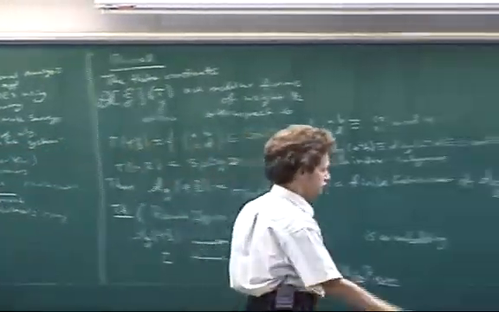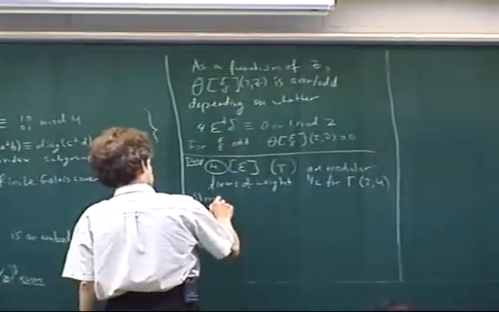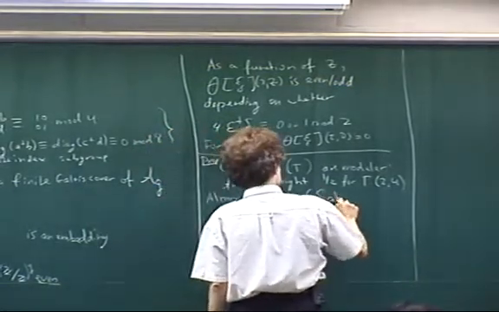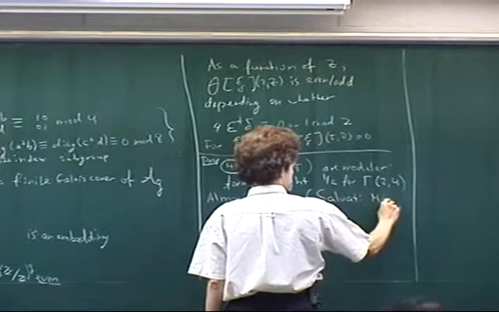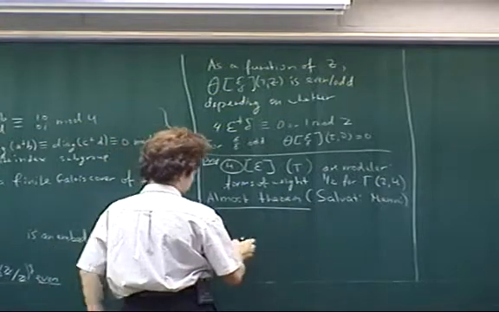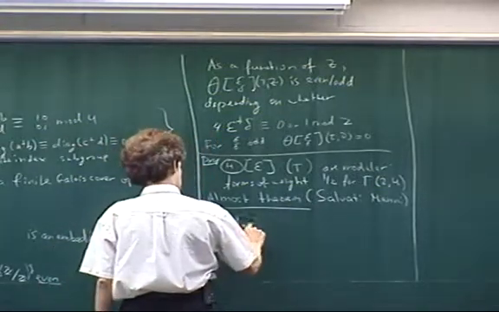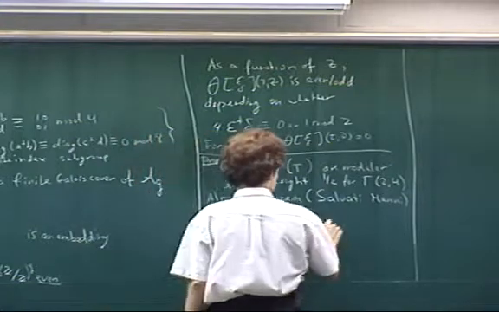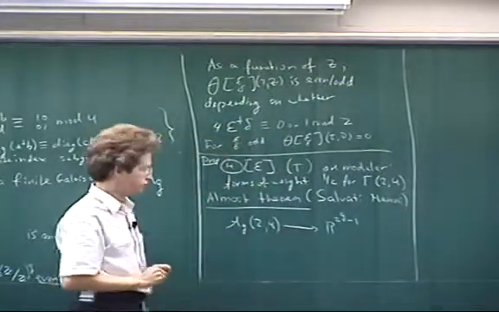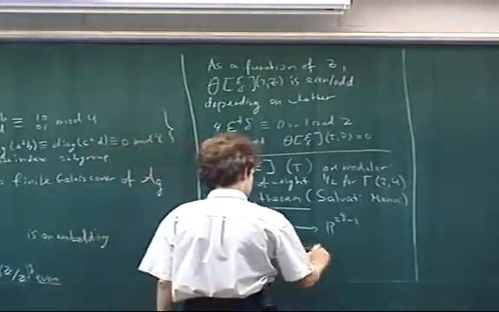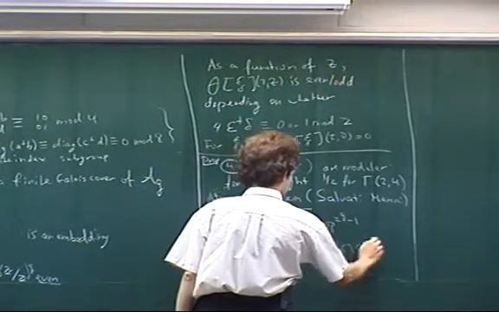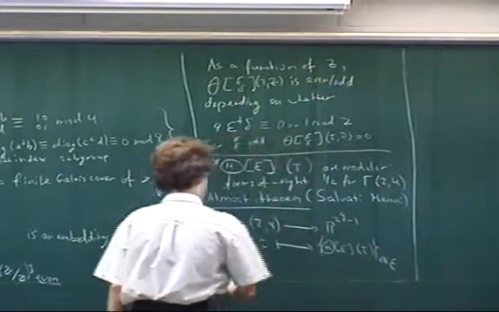And there is an almost theorem due to Salvati Manni that says, well, we'll need to have a new name, the map from A_g(2,4) to P^(2^g - 1), because there are 2^g of these, that sends tau to the set of the values of these things for all epsilon, is an embedding.